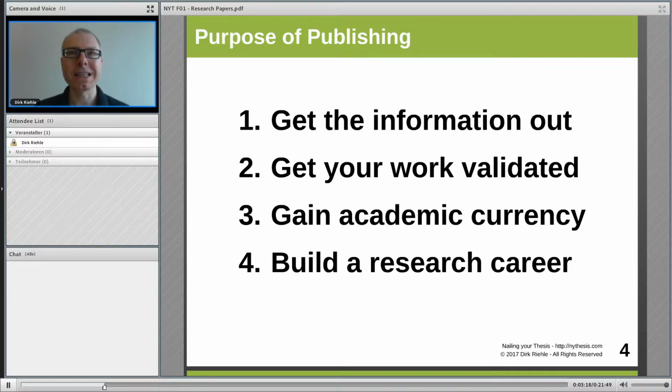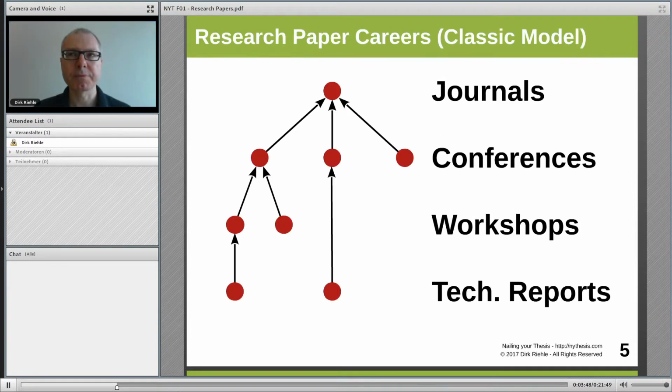Maybe you overlooked things, so that seal or stamp of approval that you get from the publication is helpful to reassure yourself that maybe you didn't overlook anything, and hence there's additional quality assurance of your research. If you are an academic or if you want to have an academic career, that's how you gain currency, how you gain credits, and ultimately you build a research career from a sequence or a string of research papers that you published over time.